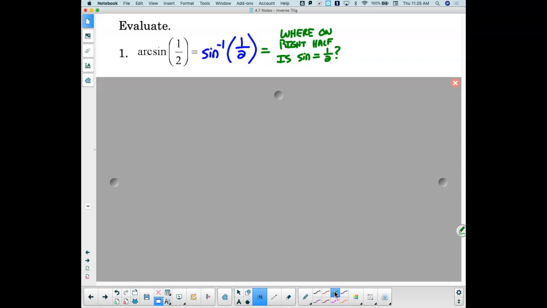Sine is y. So where is my y value on the right half of the unit circle? Pi over 6. Because it's the y value, it is 1/2. So this answer here is pi over 6.